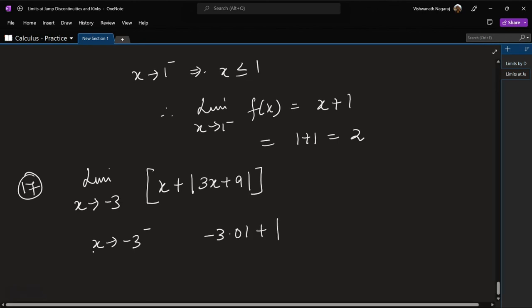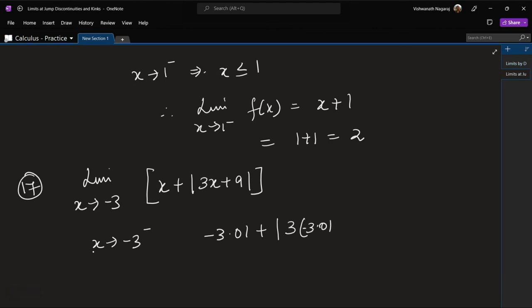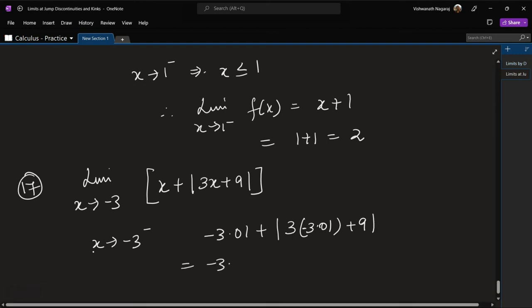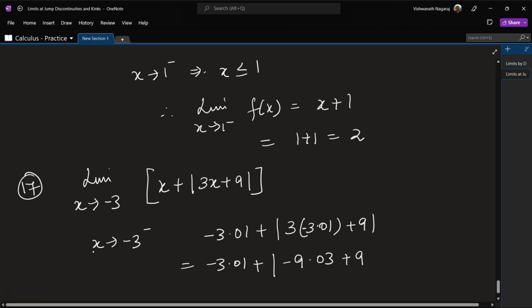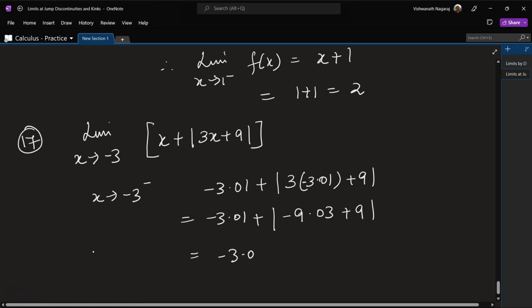Minus 3.01 plus absolute value of 3 times minus 3.01 plus 9, which is equal to minus 3.01 plus absolute value of minus 9.03 plus 9, which gives us minus 3.01 plus absolute value of minus 0.03.